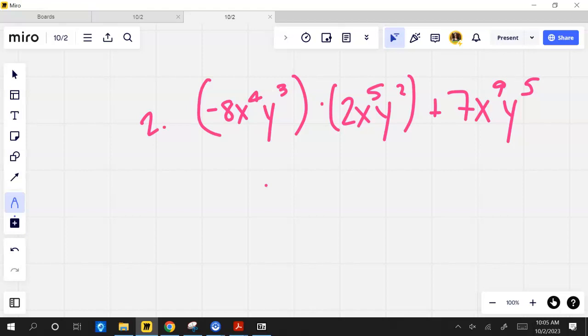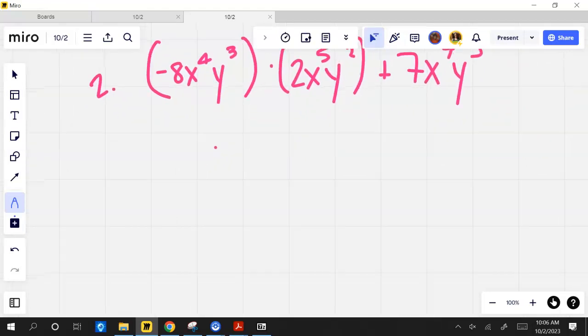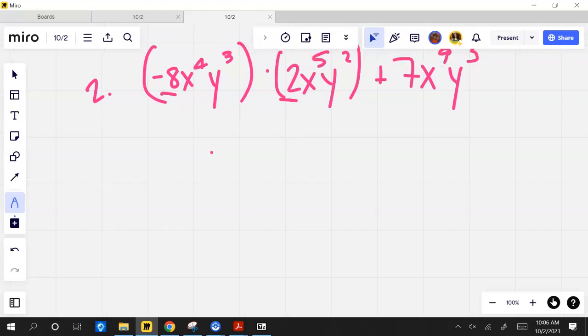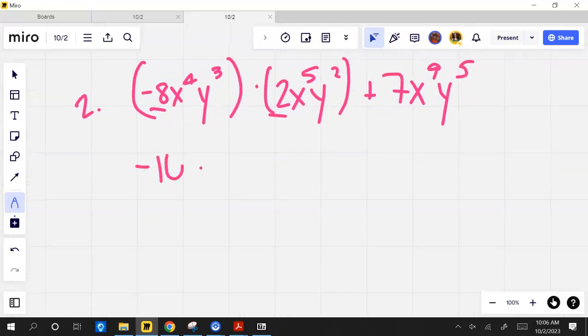All right, let's talk about what we do. So multiplication comes first, so I'm going to multiply those 2 there, and it looks a bit like an exponent property problem. So first things first, I'm going to multiply the coefficients together to get -16.